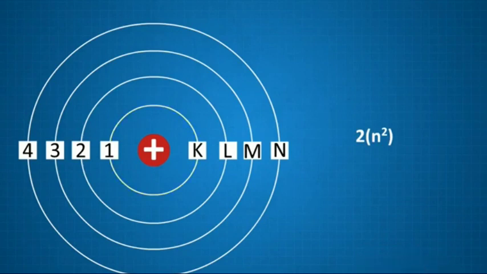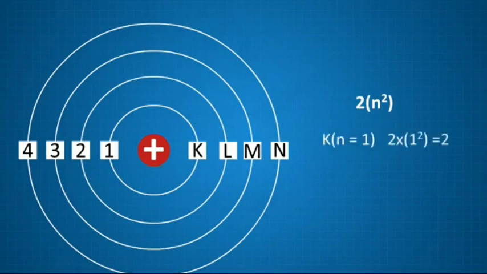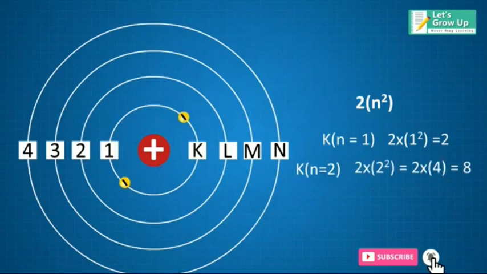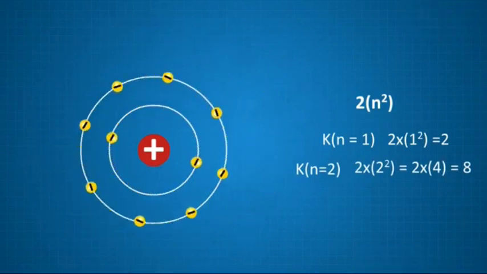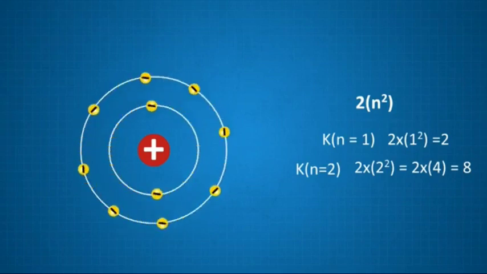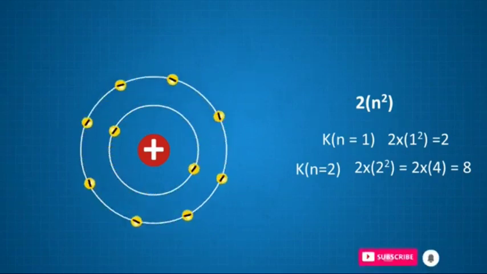For example, in the first shell K, n equals 1, the number of electrons would be 2×1² equals 2. And in the second shell L, n equals 2, the number of electrons would be 2×2² equals 2×4 equals 8. So, he concluded that the electrons revolved around a positively charged nucleus in fixed orbits.